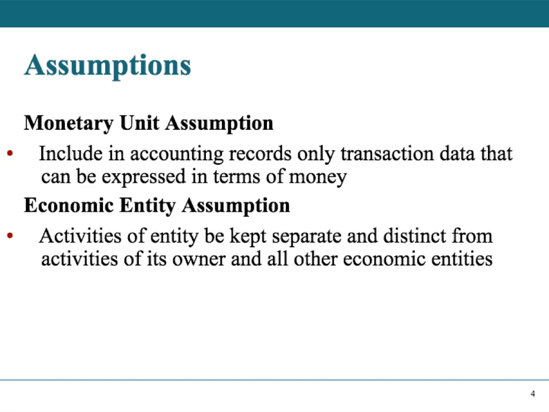We have a couple more. One of them is the monetary unit assumption. That's pretty easy. We record all of our data in terms of money, so US dollars. I cannot put bushels of corn or lumber in yards or whatnot. It has to be expressed in dollars. And the last one, the economic entity assumption. I have to record the activities of different entities separately.